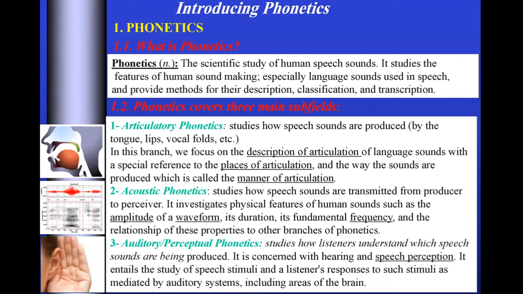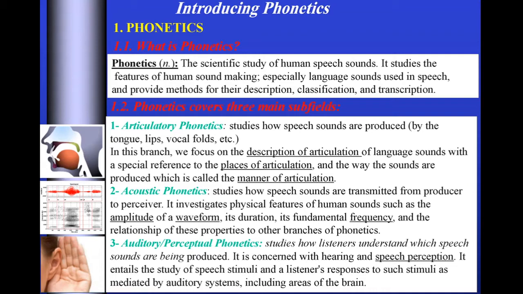Transmission, on the other hand, is referred to as acoustic phonetics. It deals with what happens in the air between the listener and the speaker, i.e., the sound waves in the air. Okay? The last branch is auditory phonetics.